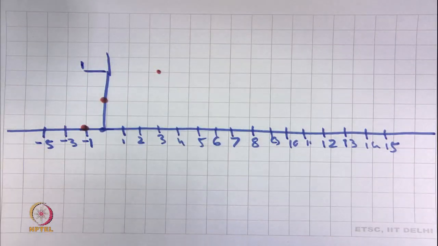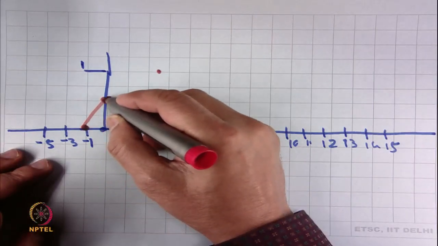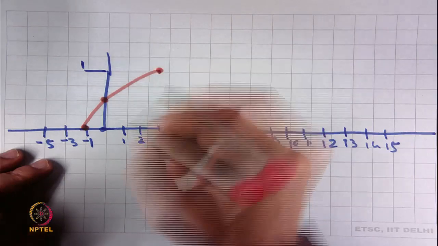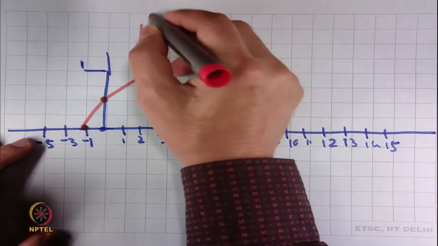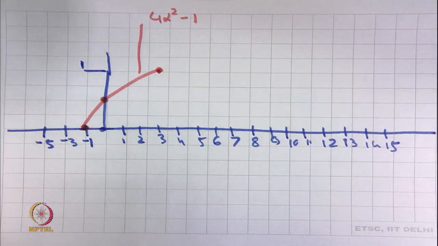So, the shape of the curve is, since it is increasing, we can get this curve. So, this is the curve 4 alpha square minus 1.